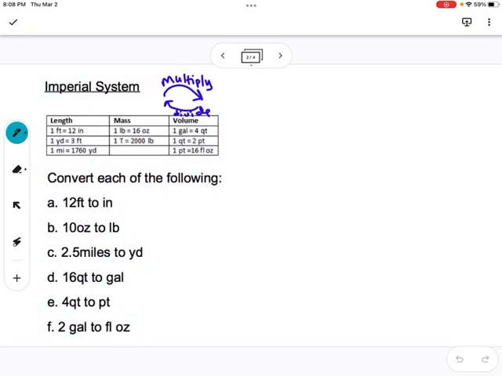Now talking about the imperial system, this one we actually need to use conversion charts. There's not a simple way to move your decimal. Imperial is used in the States, and we use it for certain things in Canada as well.